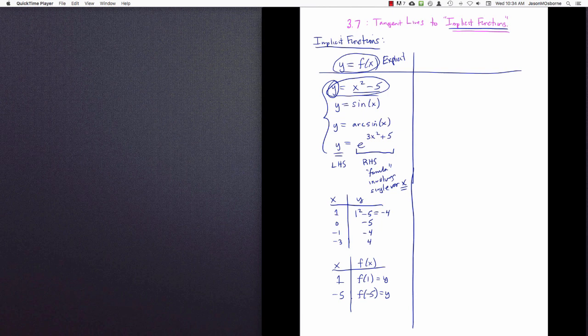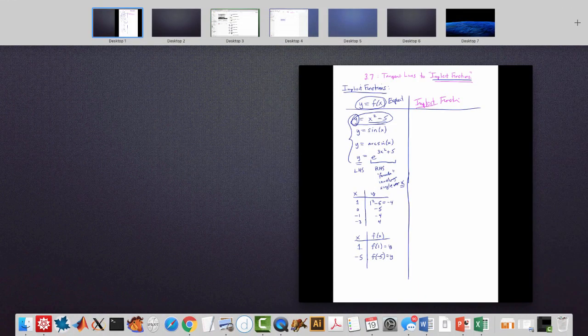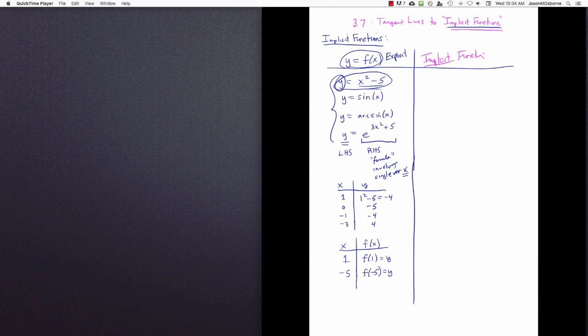Compare that to what's called an implicitly defined function. Let's look at an example of one: x multiplied by y plus x plus y is equal to 5.